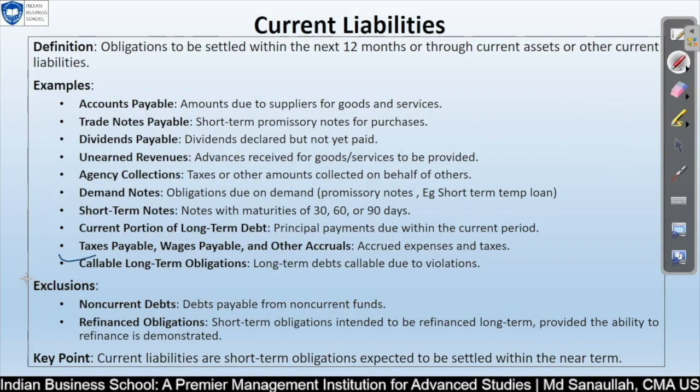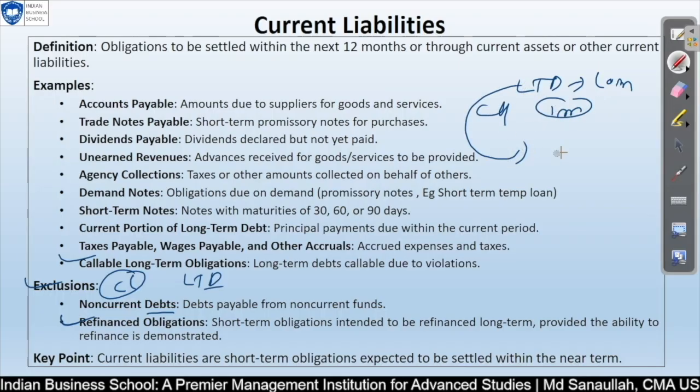Let me explain a few things with regard to exclusions not considered under current liability, like non-current debt. Anything which is non-current, long-term debt, obviously will not be part of your current liability. And refinancing: anything from your long-term debt, maybe 10 million, out of which 1 million you need to pay this current year.